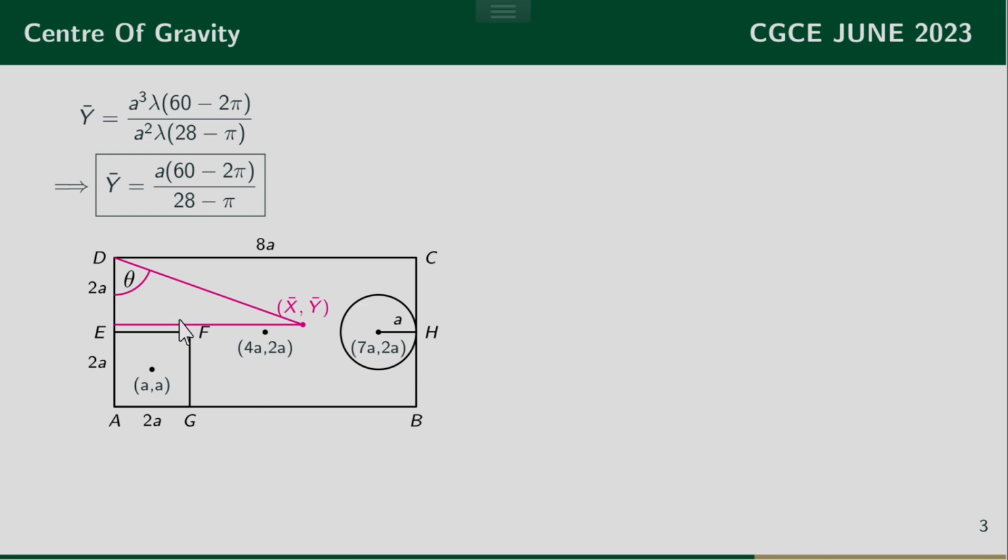So the opposite to this angle is x bar, and the adjacent to this angle would be the whole distance 4a, take away y bar. So what I'll be evaluating now is that if theta is the required angle, then tan theta will be x bar divided by 4a minus y bar.